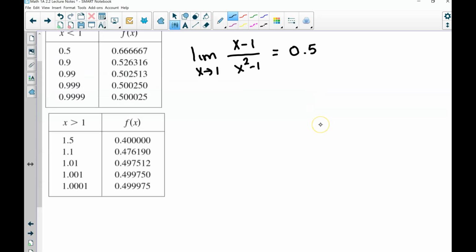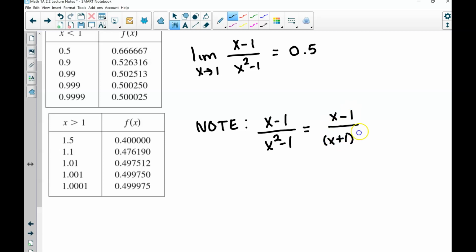Now, another thing to look at here is that we can also make note of the following, and this is something that we're going to look at later on. If you have x minus 1 over x squared minus 1, the denominator of this rational function can be factored into x plus 1 times x minus 1 using the difference of squares.